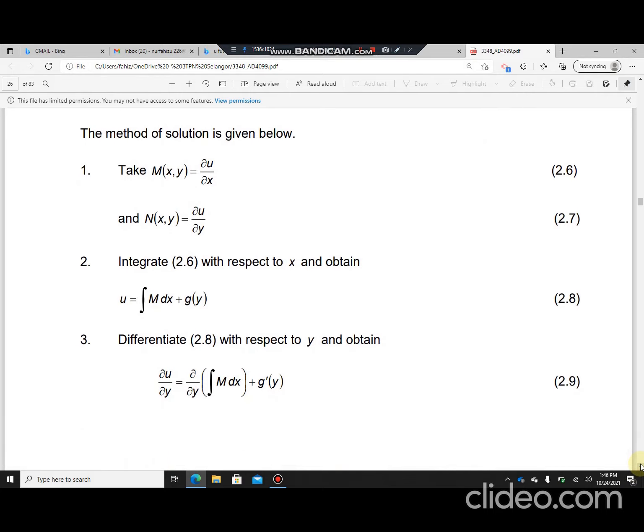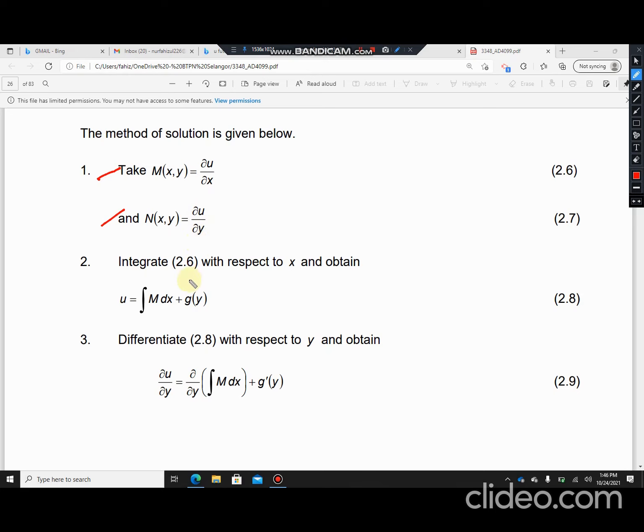Okay, so untuk solvekan, to solve an exact differential equation, you can use this step. Okay, first, take M(x,y) equals to delta u, delta x, and N(x,y) equals to delta u, delta y.